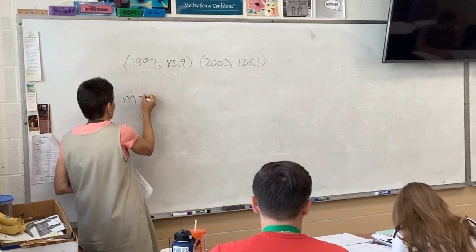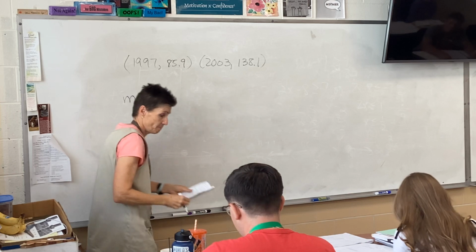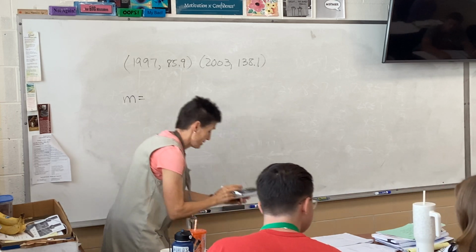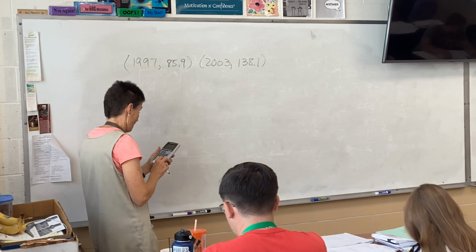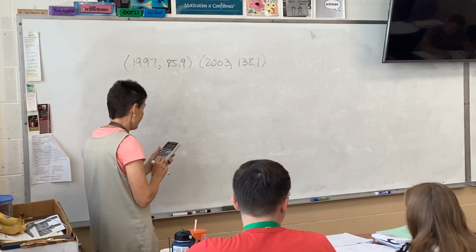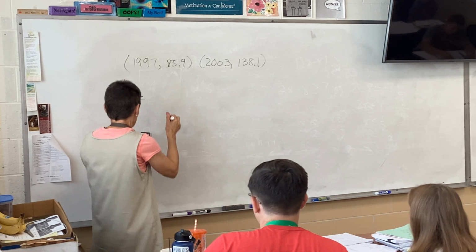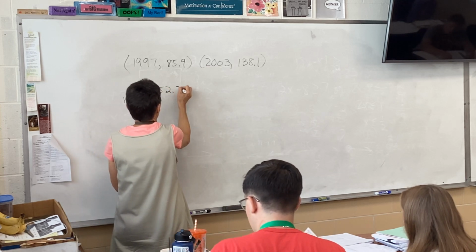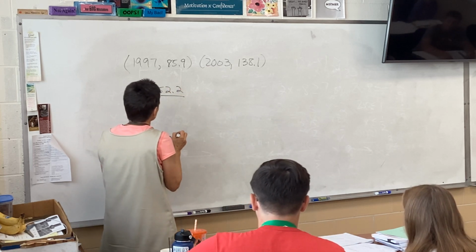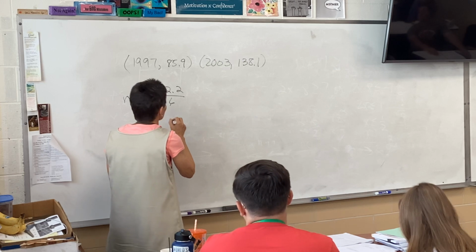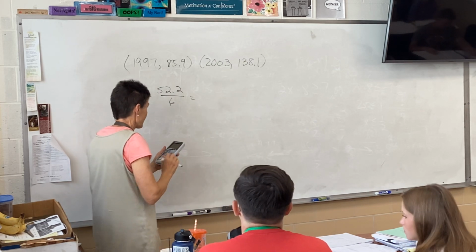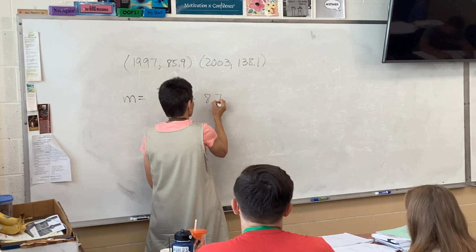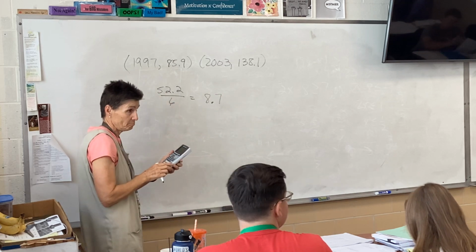Okay, so the slope is going to be 138.1 minus 85.9 over, that's 6. So what is that? 8.7. So my slope is 8.7.